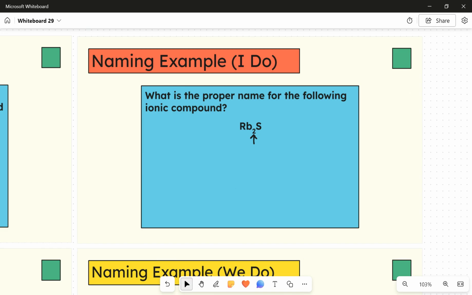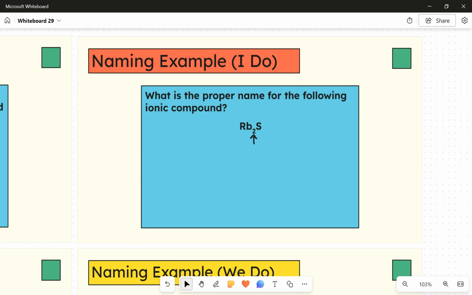That combination of 2 rubidiums and 1 sulfur neutralizes it, and that's our formula. If we had, let's say, 3 rubidiums and 1 sulfur, it wouldn't be charge balanced. So that's not an ionic compound. So when we're talking about ionic compounds, we can just ignore the subscripts because each of these names only has one possible combination that would be charge balanced.